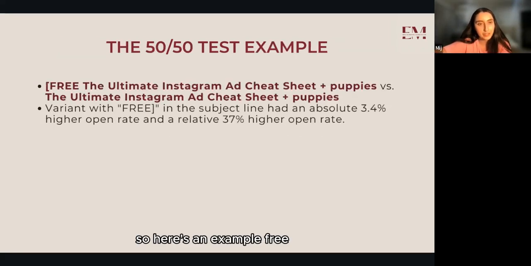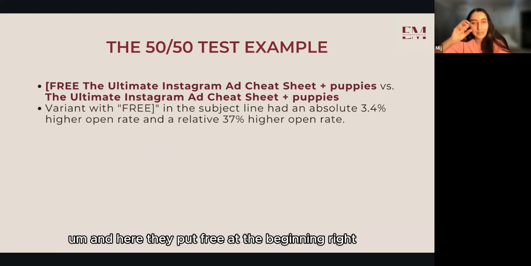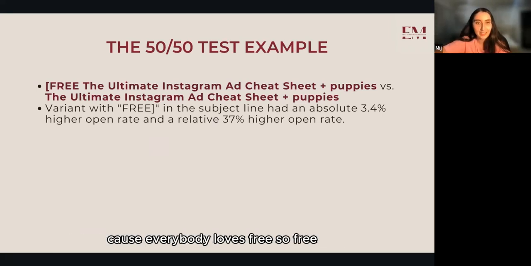So here's an example. Free, the ultimate Instagram ad cheat sheet, plus puppies. I think puppies is just added to get attention, you know, everybody loves puppies. And here they put free at the beginning, right? Because everybody loves free. So free, the ultimate Instagram ad cheat sheet plus puppies, versus the ultimate Instagram ad cheat sheet plus puppies.